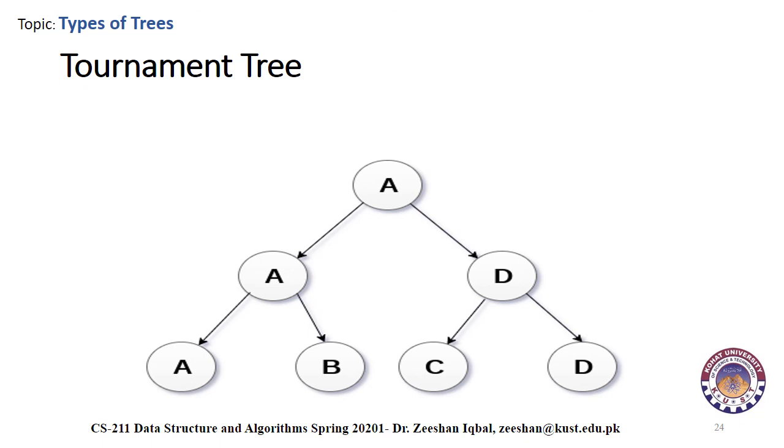The winner in the left subtree will play against the winner of the right subtree. Between A and B, A is the winner, and between C and D, D is the winner. So the next comparison will be between A and D, and the winner is selected as the root node in the tree. This graph is shown in most cricket and football tournaments, in which the winning team advances to the next level of the tournament.